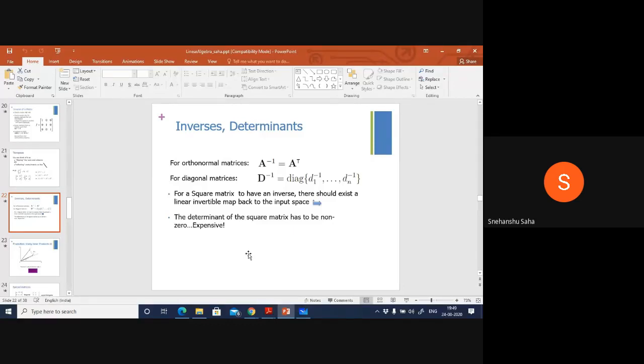A nice example is a diagonal matrix, because if you take the inverse of it or the transpose of it, both times you'll end up having the same result.